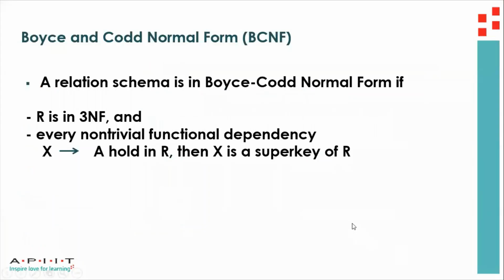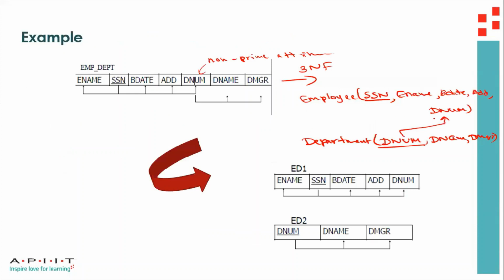If a relation is in the Boyce-Codd normal form, definitely it should satisfy the 3NF, and every non-trivial functional dependency X to A holding in R, then X should be a super key of R. Look at this.